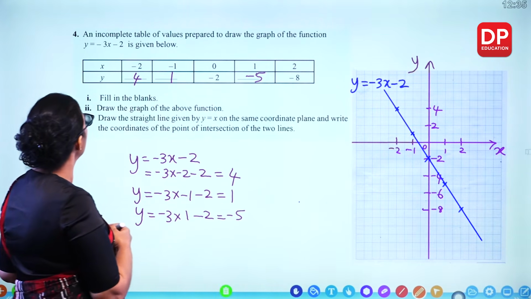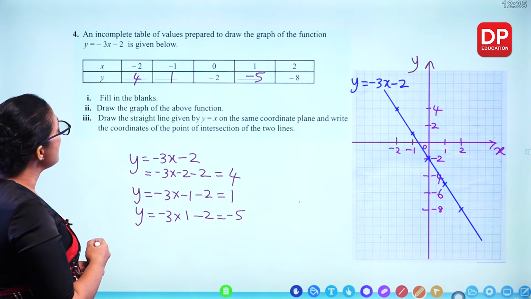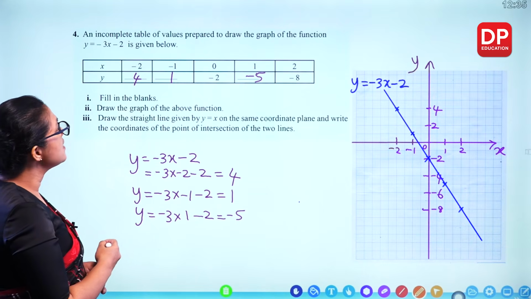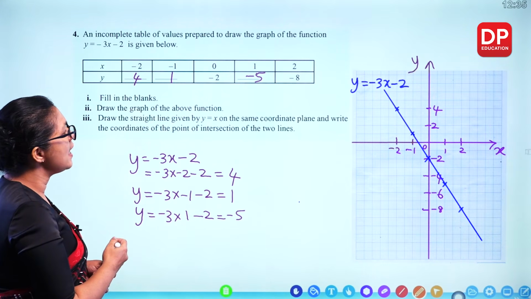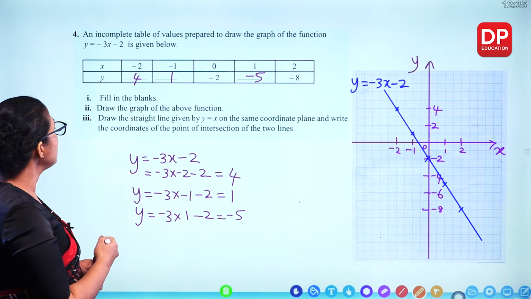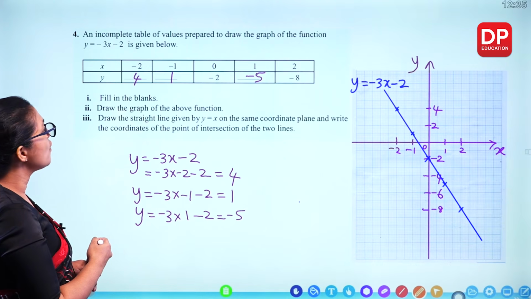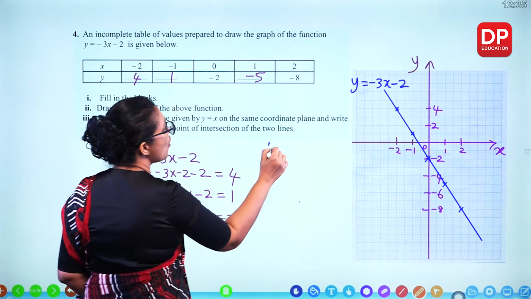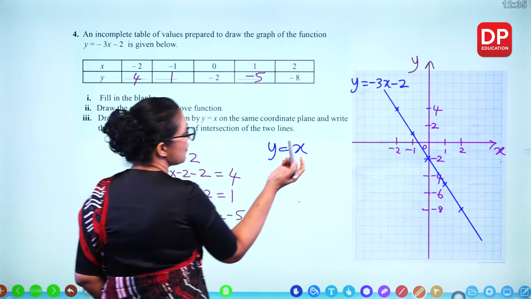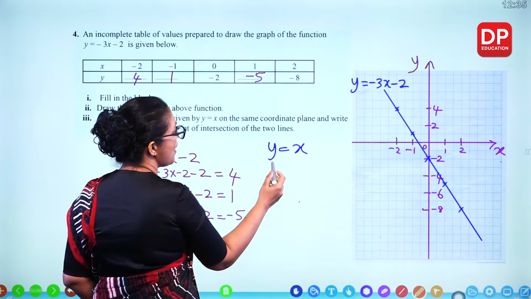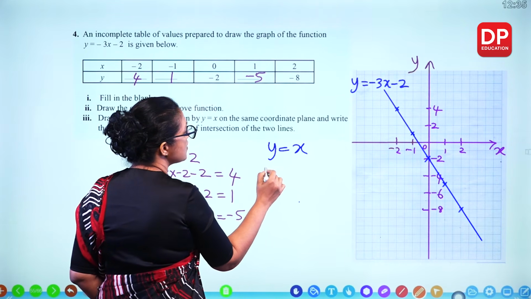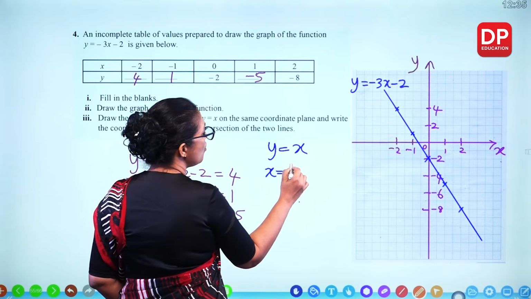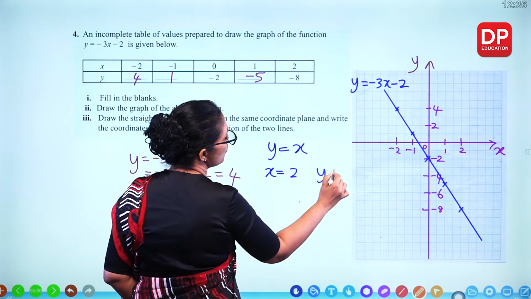Now, third part, draw the straight line given by y equals x on the same coordinate plane and write the coordinates of the point of intersection of the two lines. So you need to draw y equals x. So if you take x equals 2, y equals 2.